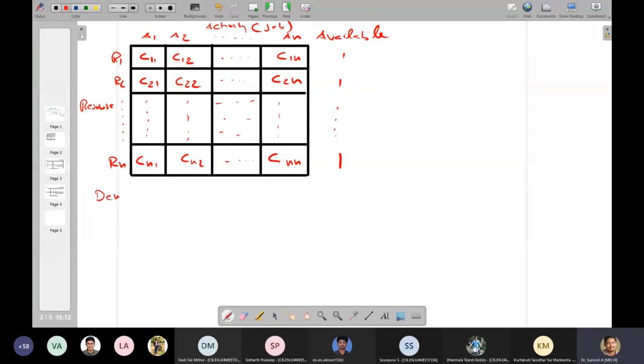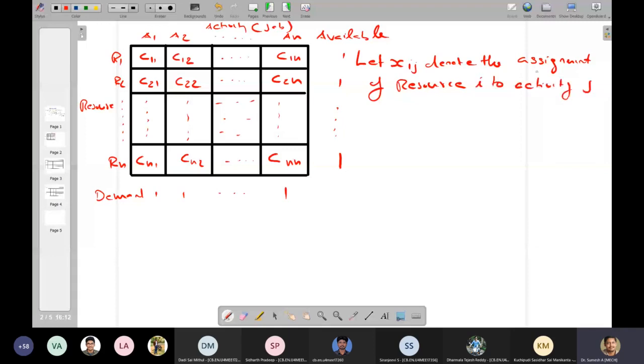Let Xij denote the assignment of resource I to activity J. There will be only two values possible.